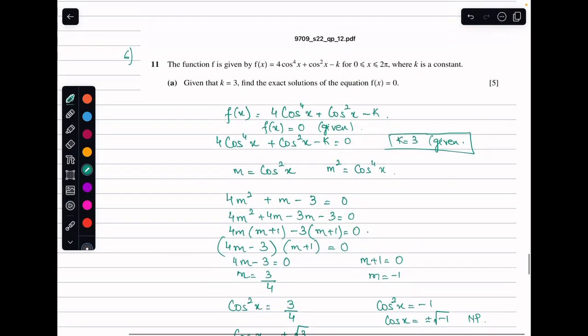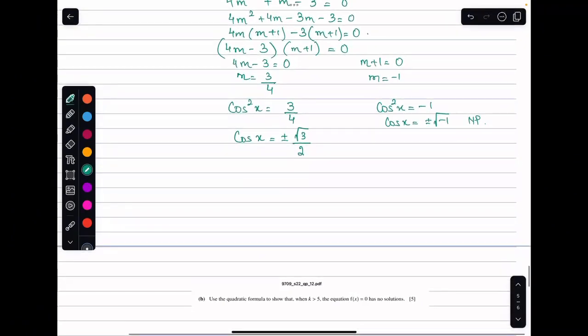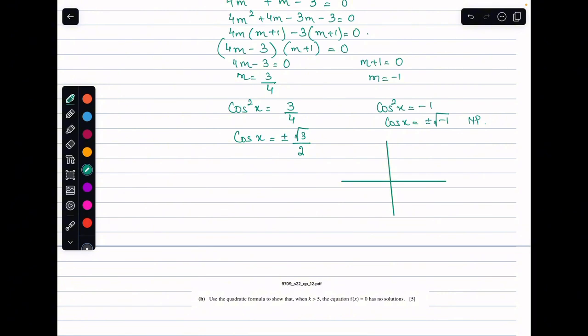The given domain is from 0 to 2 pi. So if this is from 0 to 2 pi, then what I see here is that I have the cosine value, and with respect to this cosine value, it's from 0 to 2 pi. Therefore, I should be considering the quadrants where the cosine is positive as well as negative.